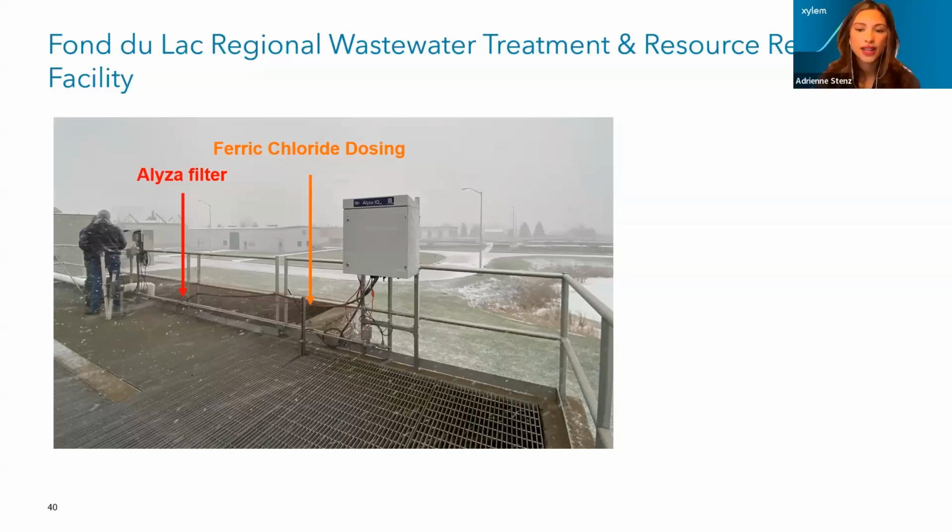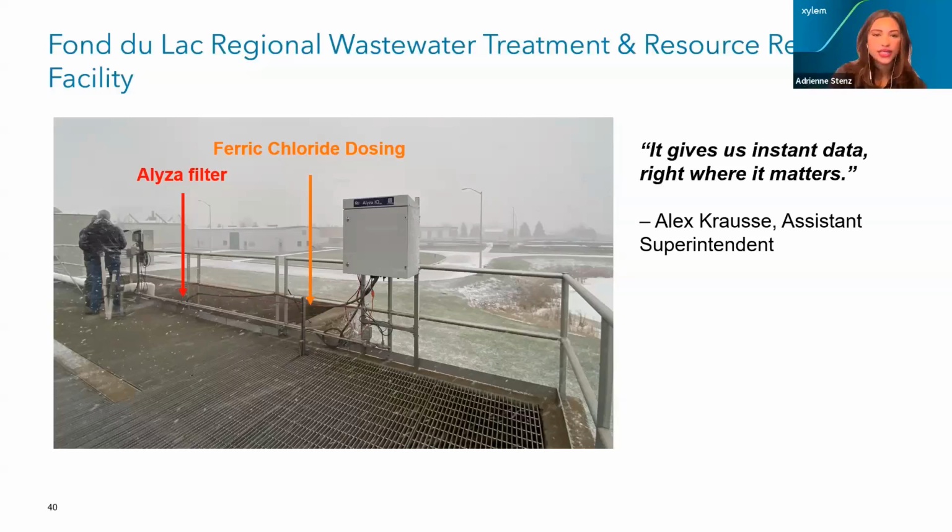Now it monitors biological phosphorus performance, and it automates chemical dosing only when needed. The plant still uses the effluent analyzer, and the two are tied together in a dual control scheme. So if either one sees a PO4 level above 0.15 parts per million, then chemical dosing kicks on.